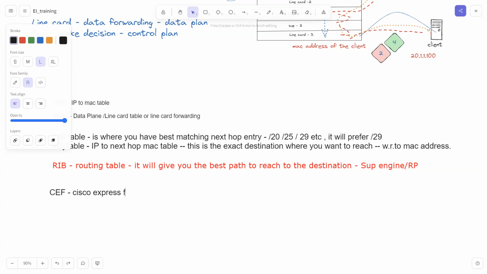Cisco Express Forwarding. Now Cisco came with this particular idea, and later on it was copied by the MPLS community, and they created something called label based forwarding. Later we have the MPLS full course, so don't worry. Label based forwarding, and later on they came with one idea called LFIB.